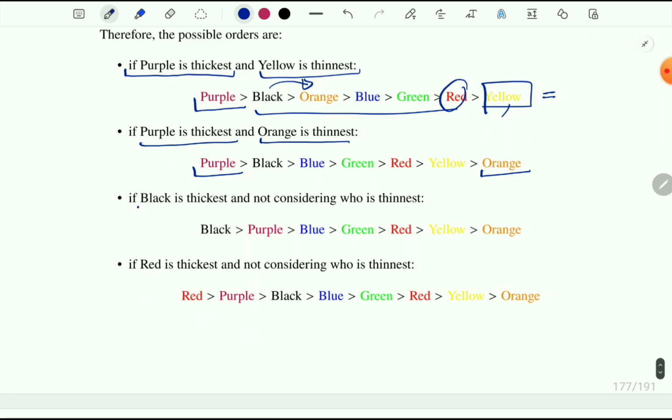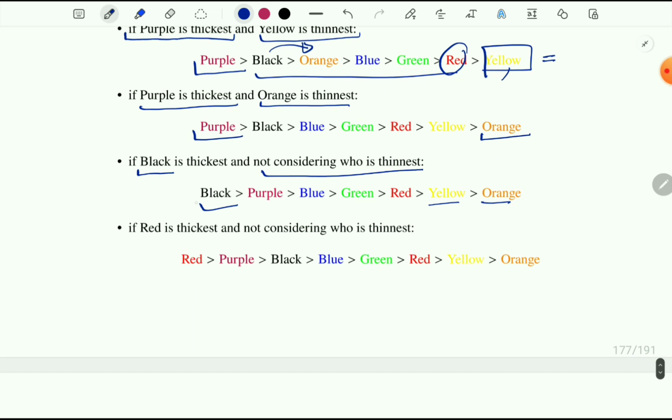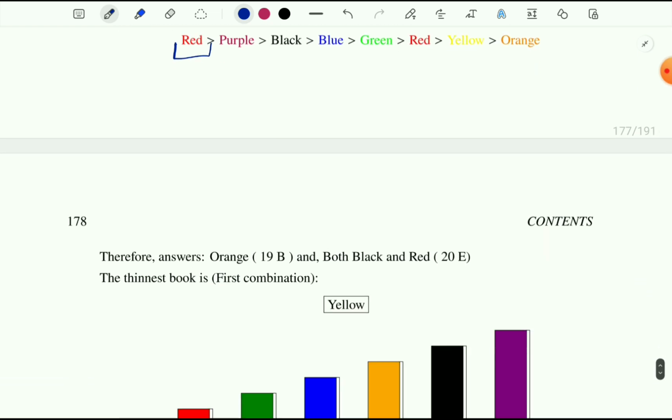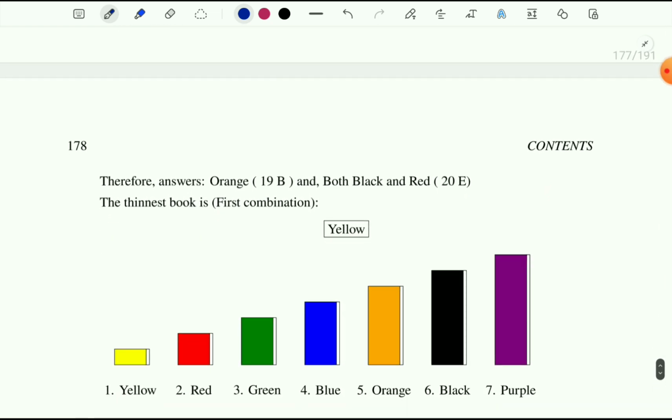And there is another possibility, like black is the thickest, and we're not considering who is going to be the thinnest. It could be orange, it could be yellow. That's not important, but we are showing that black could be the thickest one. Similarly, red could be the thickest one.